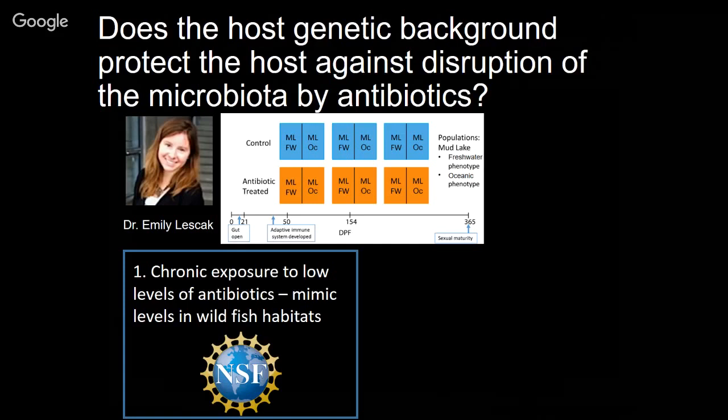Dr. Leskak's project will focus on those low levels and determine how that's affecting the evolution and the development of the fish.